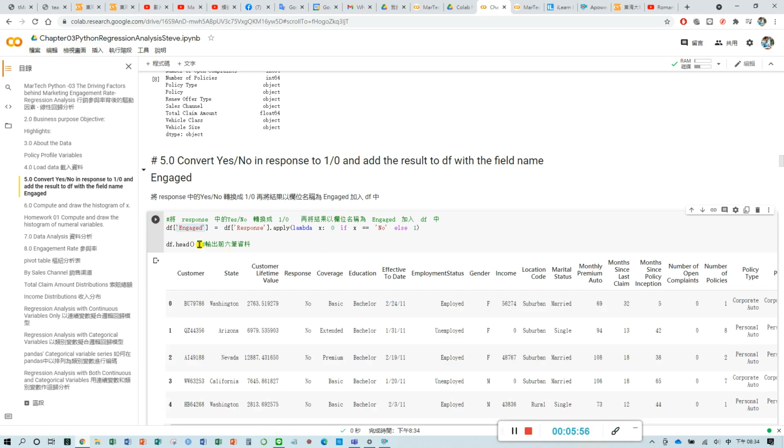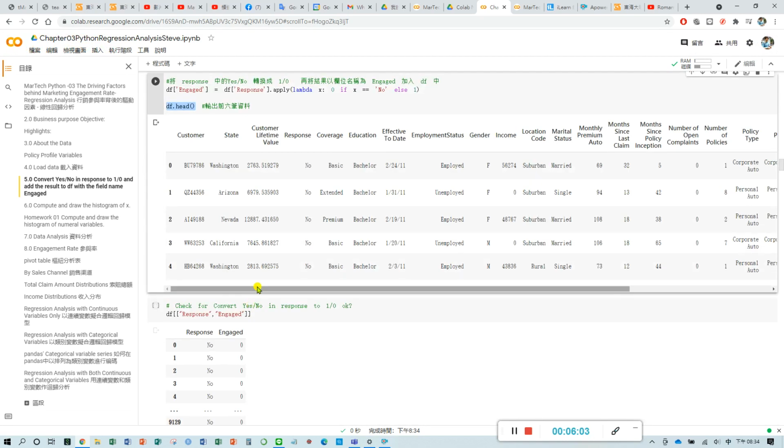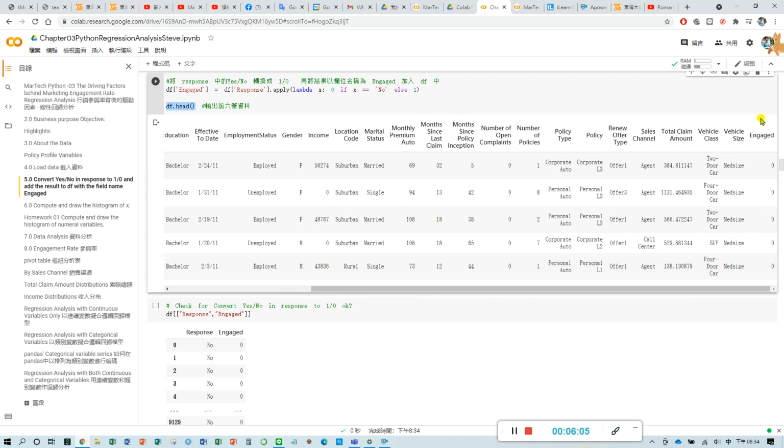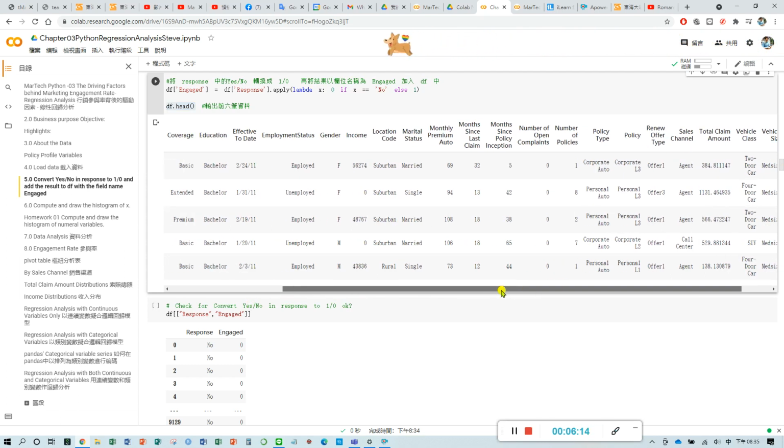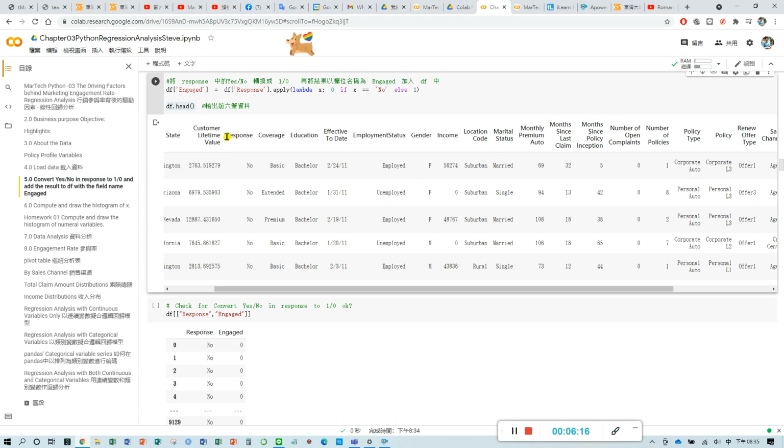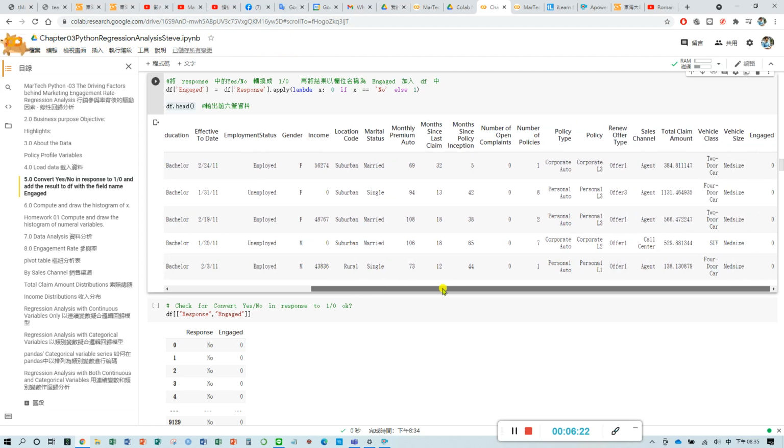Okay, here you can see the first 6 lines of observations. At the end is the variable we just created. This engaged depends on the condition of the response. If the response is no, the engaged should be 0.